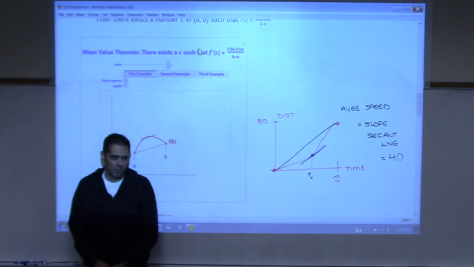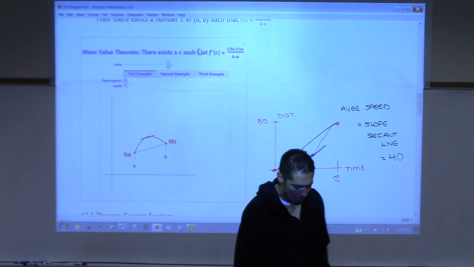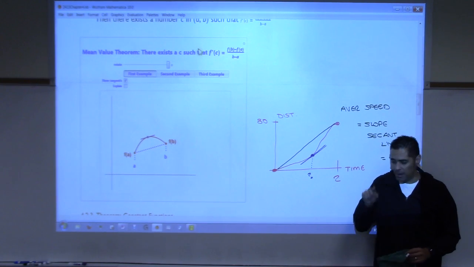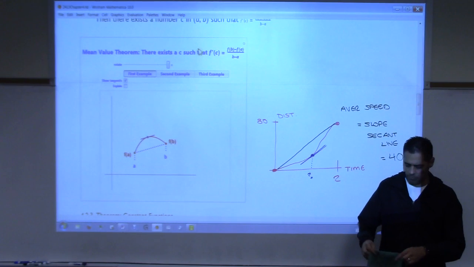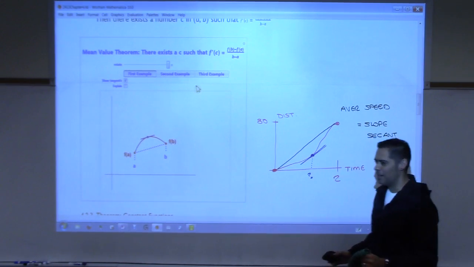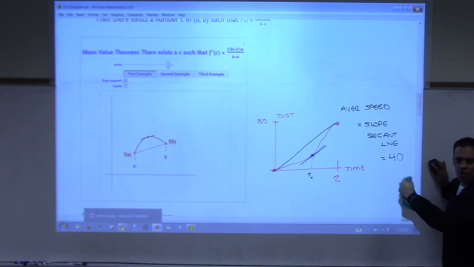So if you average 40 miles an hour driving, at some point you had to be going 40 miles per hour. Looking down at your speedometer, at some point you had to have seen 40 miles per hour. Unless you can somehow transport over space and time, from one place to another. But that would be a discontinuity, wouldn't it? Your function would no longer be continuous. You have a jump in the graph.